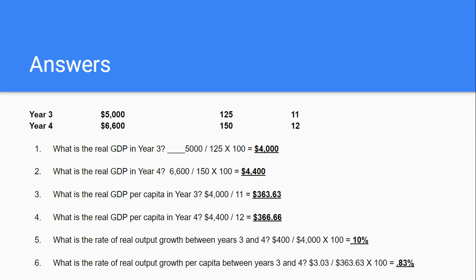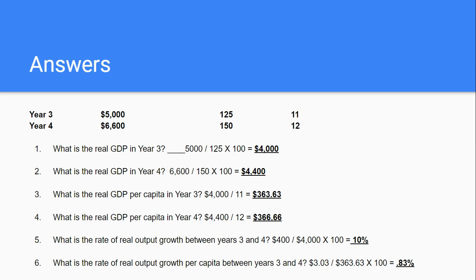Change over the original times 100. So the real GDP per capita increased by $3.03 a person, divided by the original GDP per capita of $363.63, times 100 to put into a percentage, and that means that the average worker contributed about 0.8 of a percentage more from year 3 to year 4, 0.83%.